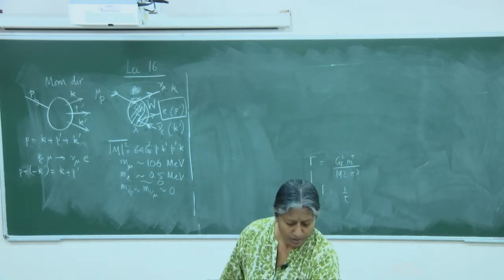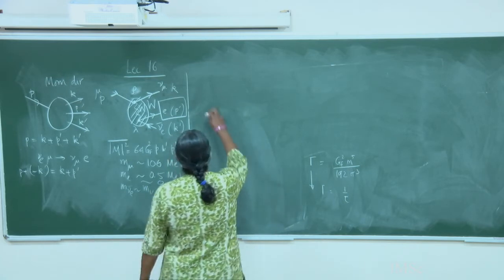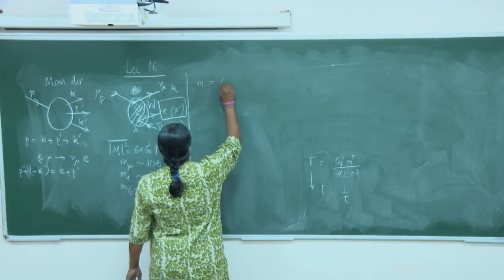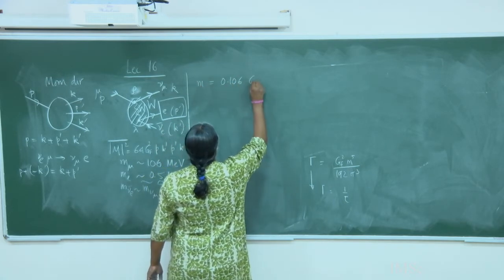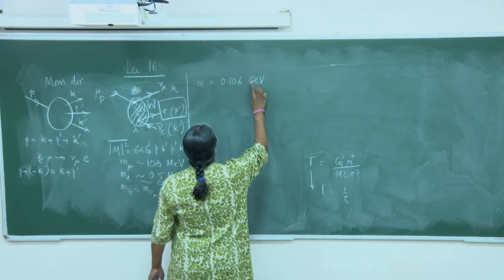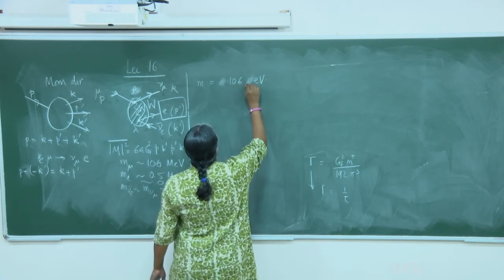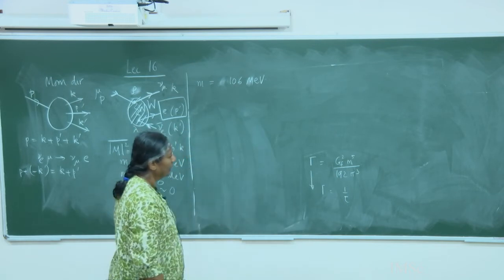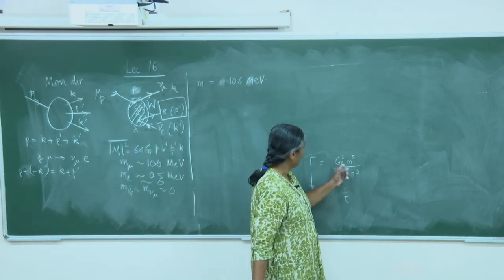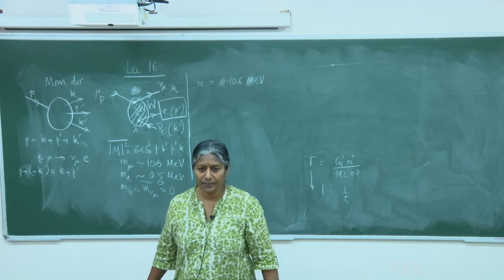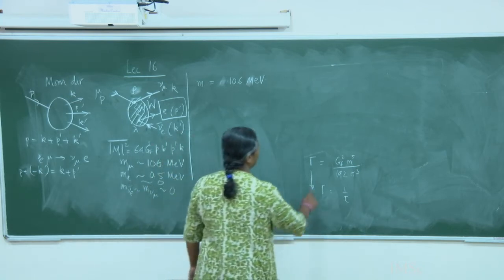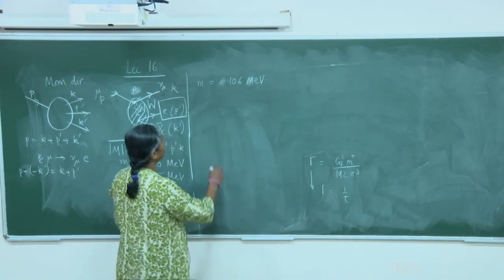Okay. We know the mass of the muon, so m is, as I said, I am going to now write it in GeV, or you can write it as 106 MeV. Okay. I know 192 pi cubed, I do not know G F squared, right. How do I find G F squared? I have to find out the decay width, and the decay width I can get from the lifetime.